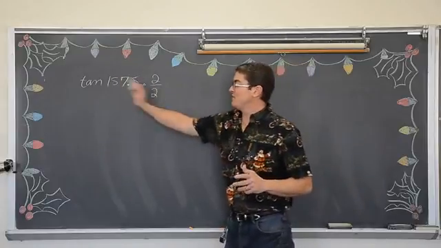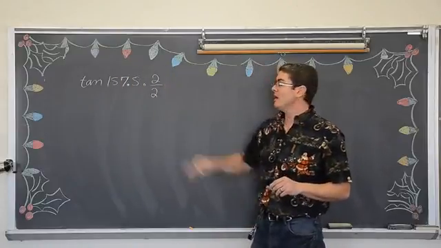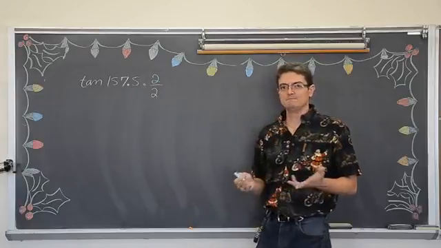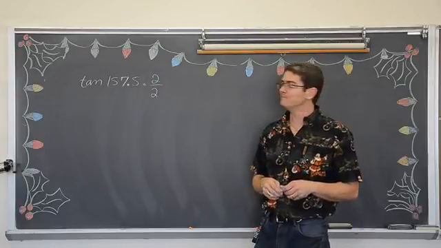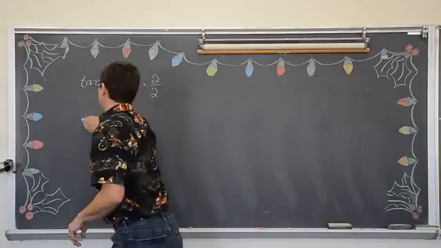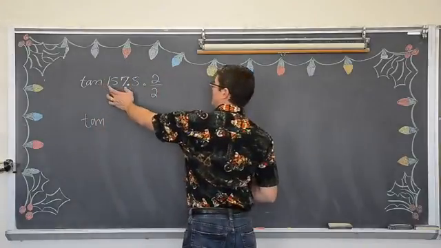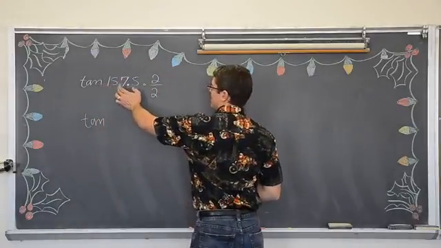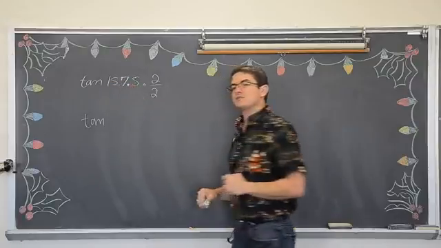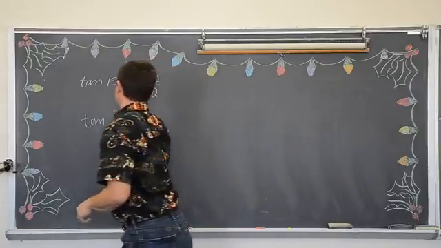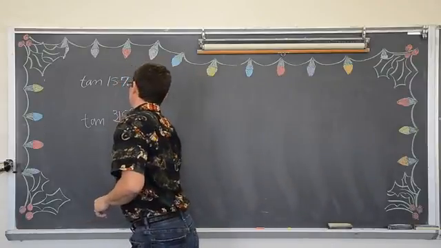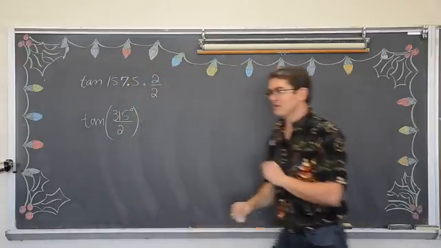So I'm going to take 157.5 and make it look different by multiplying it by 1, which is, in my case, 2 over 2. So that gives me the tangent of 150 and 150 is 300, 7.5 and 7.5 is 15, so this is 315 degrees over 2. All right, now we're getting somewhere.